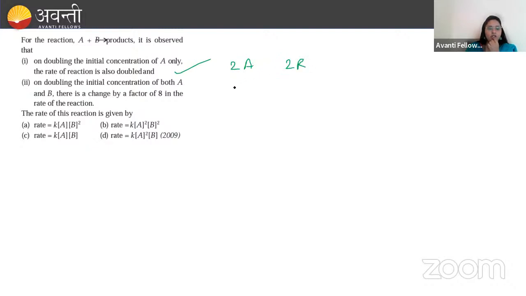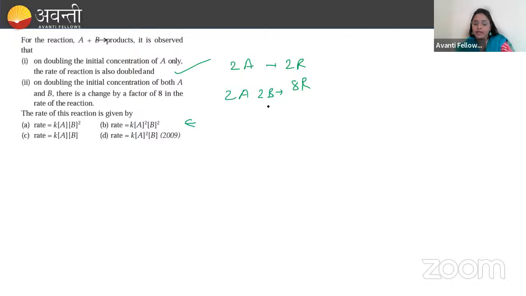On doubling the initial concentration of both A and B, there is a change of factor 8. So it is the same question, see what our answer will be. It is the same question, but the way of asking is different. Okay, we made it 2A and 2B. I will do 2A and 2B here. We made 2A and 2B, and how much did our rate increase? 8 times. So what will be the rate of this given reaction?